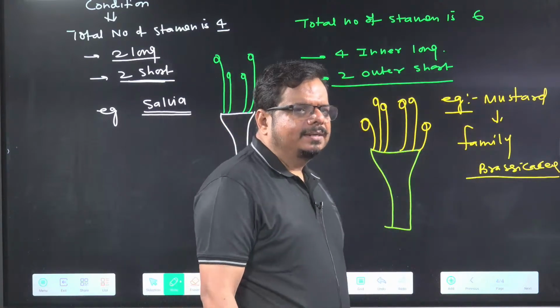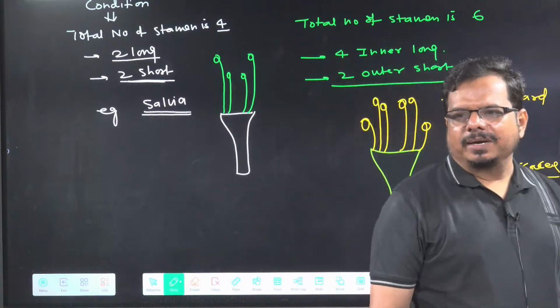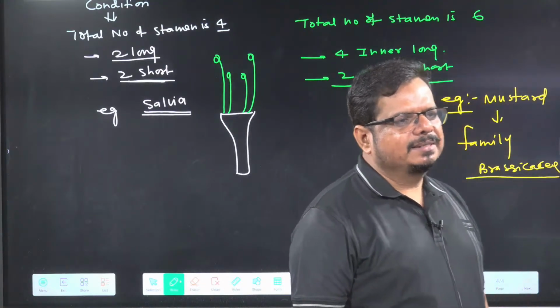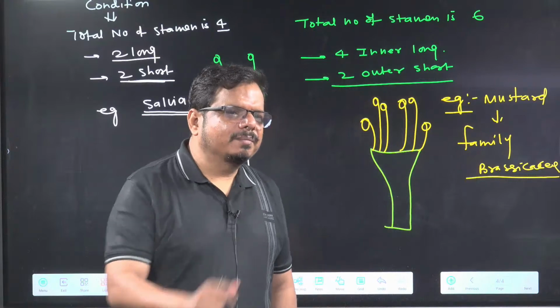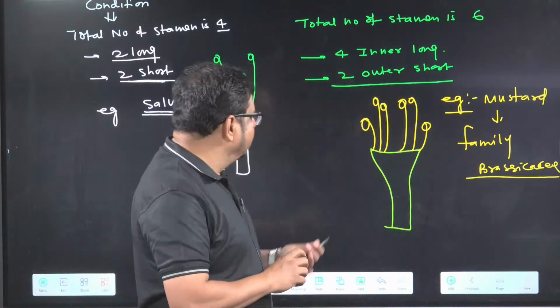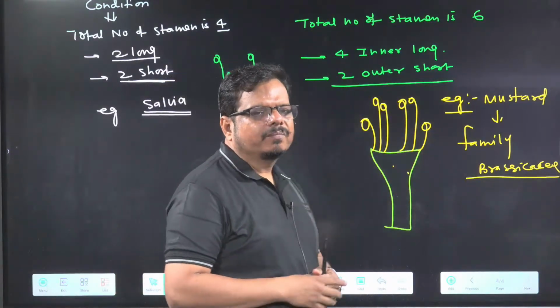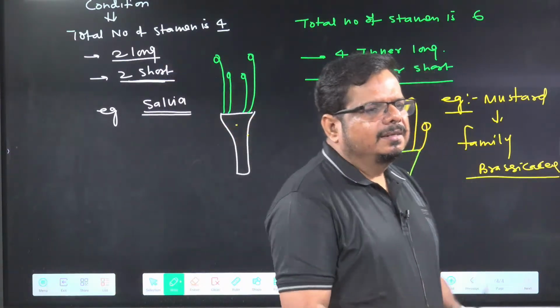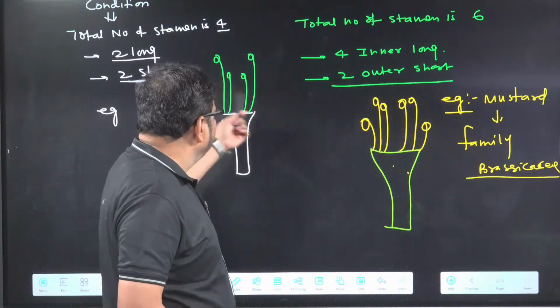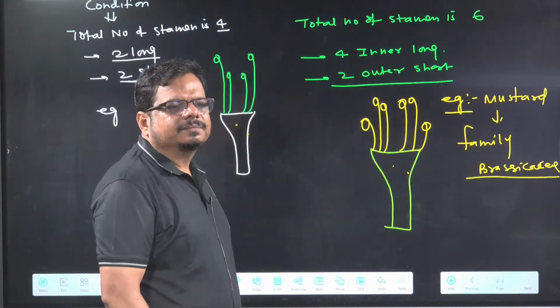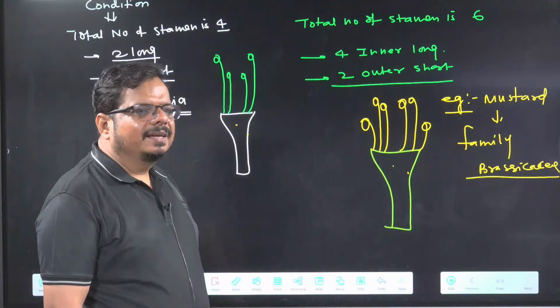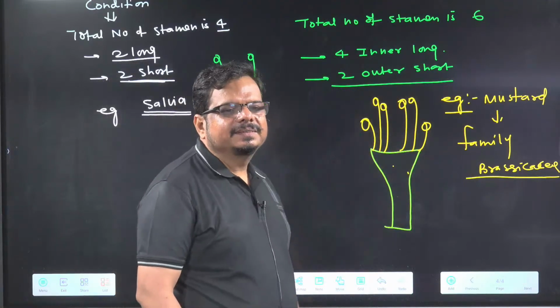So stamen is over. Male reproductive organ is over. That much information is in NCERT. I told somewhat more. I decoded some information like didynamous and tetradynamous through diagram. Got the idea? Picture clear? Now here, are the stamens fused or free?